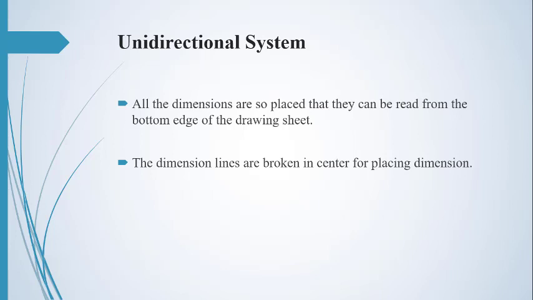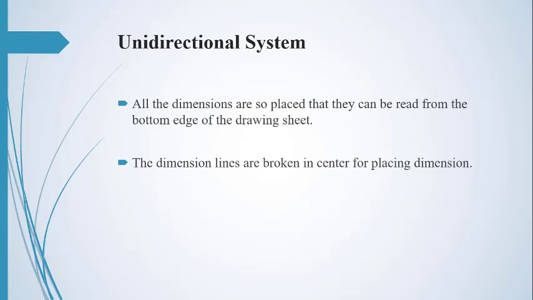The other system is known as the unidirectional system. In the unidirectional system, all the dimensions are so placed that they can be read from the bottom edge of the drawing sheet. The dimension lines are broken in the center for placing dimensions.